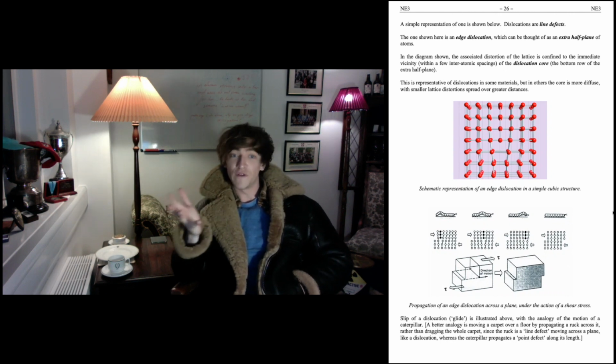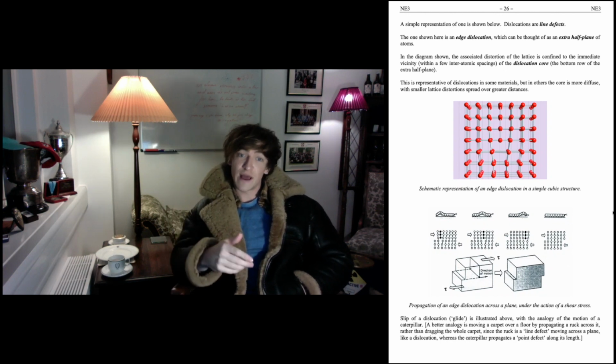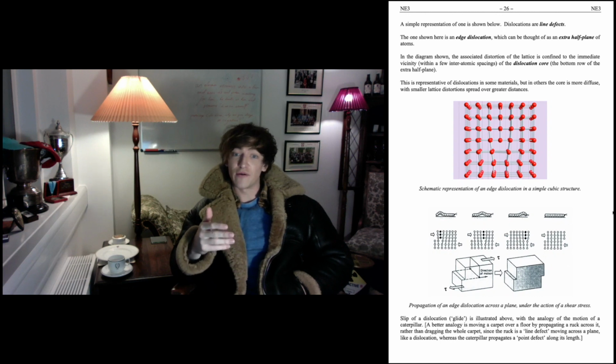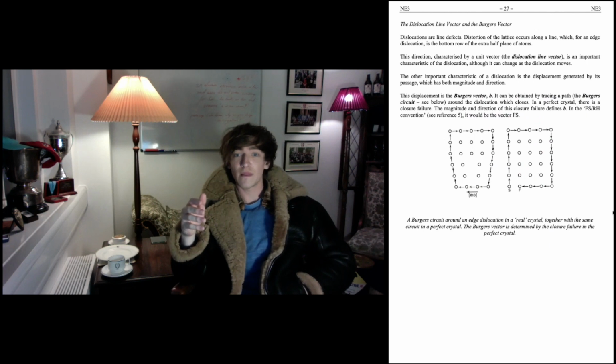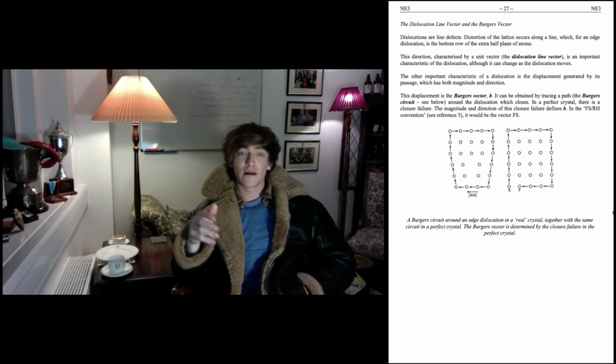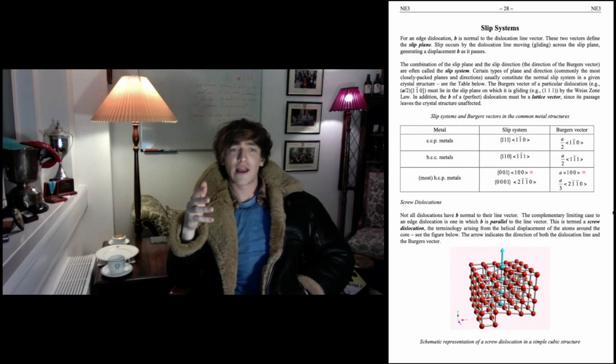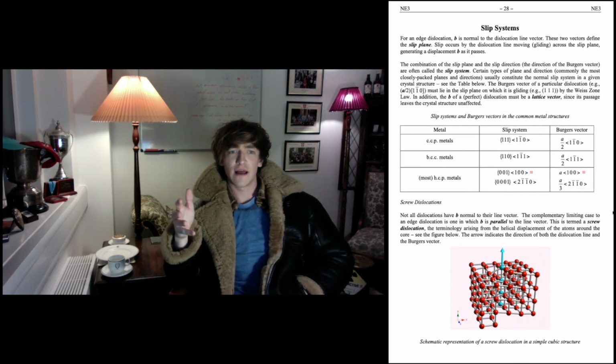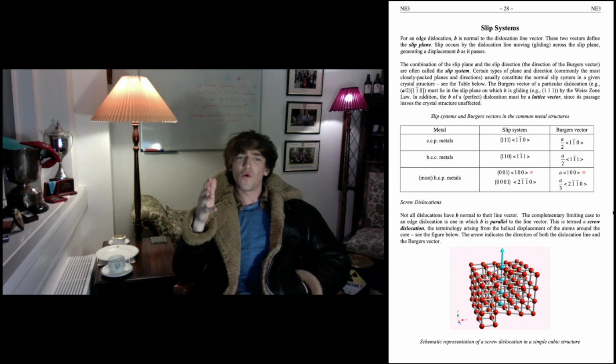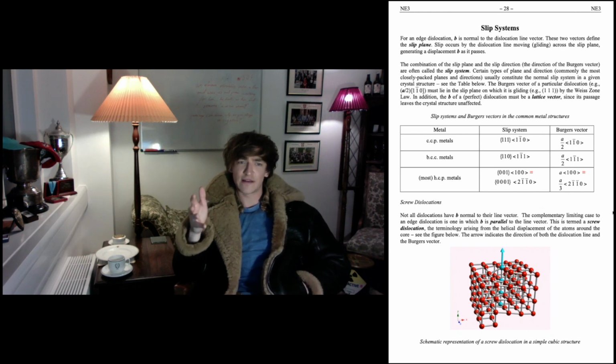So, how do these dislocations move in a crystal? What governs the planes in which these dislocations glide? This is where we need to talk about slip systems. With respect to slip systems, for an edge dislocation, the Burgers vector is normal to the dislocation line vector.